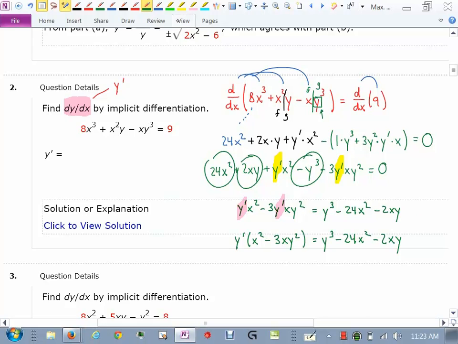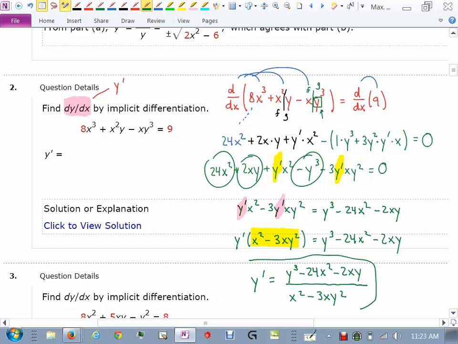And then to get y prime by itself, I will divide both sides by this. So we get y prime equals y cubed minus 24x squared minus 2xy all over x squared minus 3xy squared. And that should be my derivative.